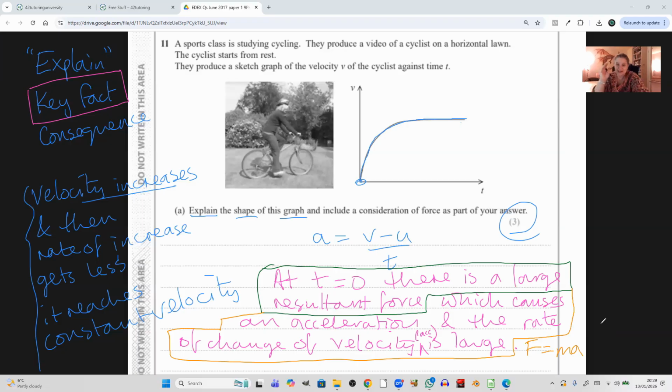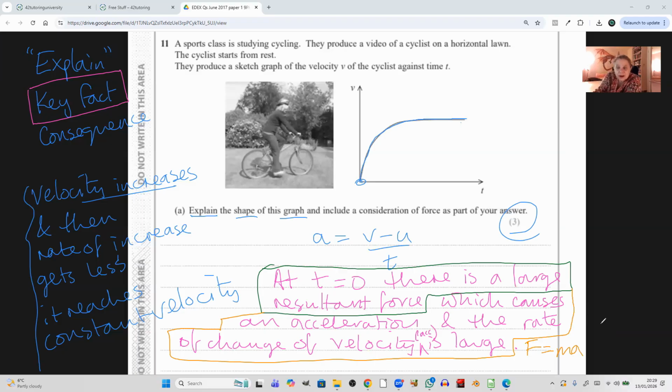Yay, good. Right, now, can you see then, we've now got to not just explain the beginning bit of the graph, we've got to explain the fact that the acceleration gets less. Not the velocity gets less, the acceleration gets less.